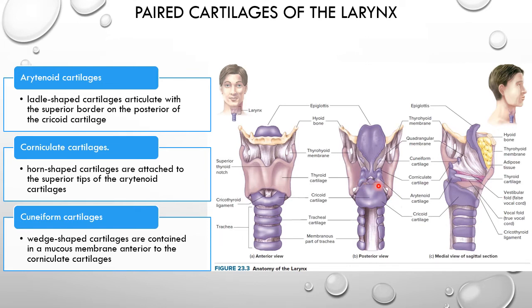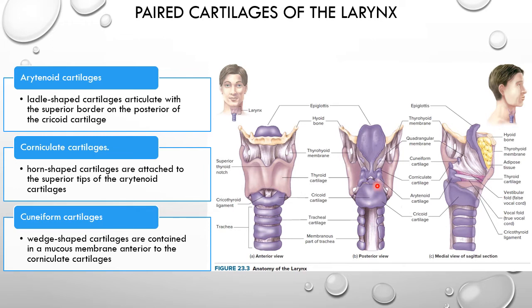No? It is located, no? Nakikita nyo posteriorly. So, it's ladle-shaped cartilage that articulates with the superior border, no, of your cricoid cartilage at the posterior portion. Okay? So, ayan siya.